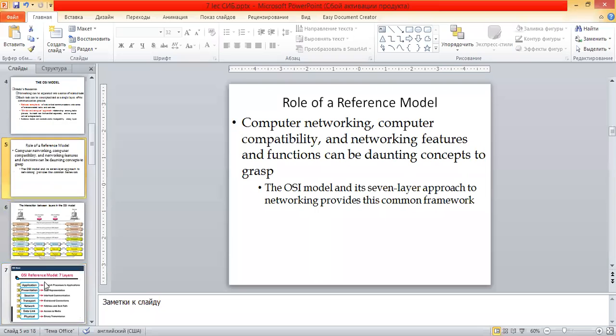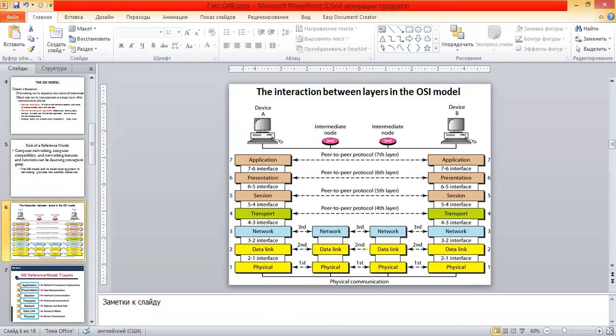So the interaction between layers in the OSI model. Communication between peer layers is virtual. In reality, communications pass up and down the protocol stacks on the machines.